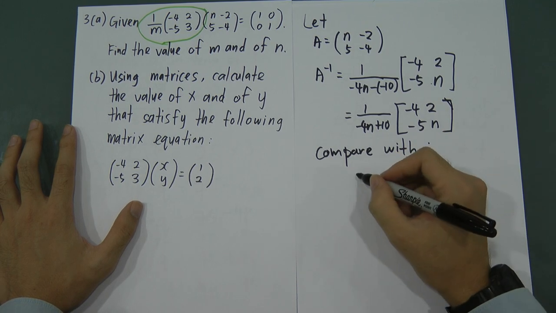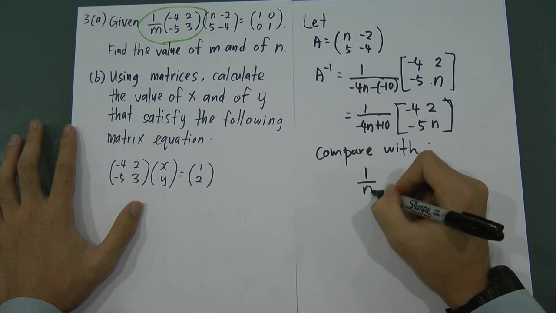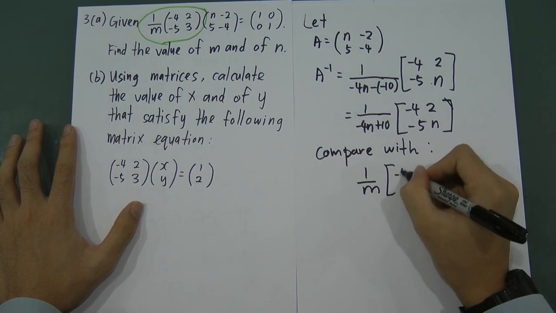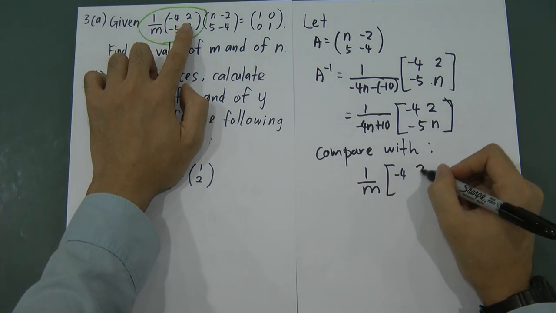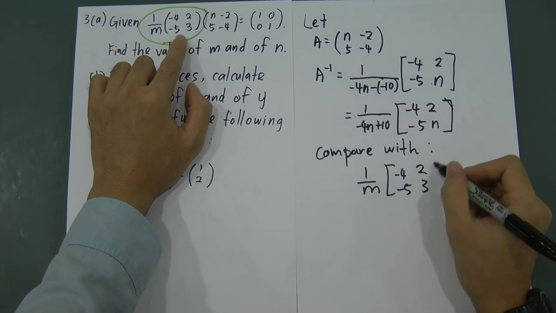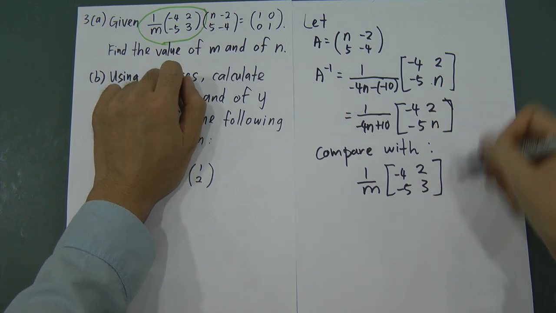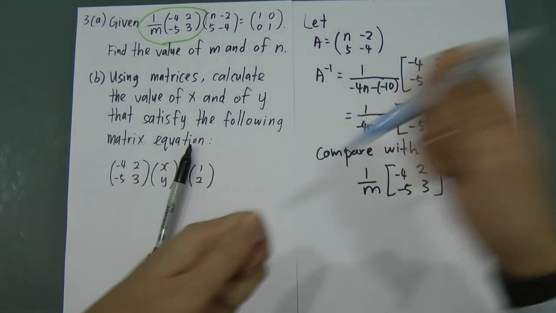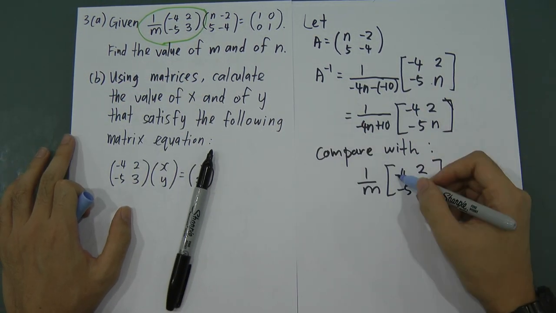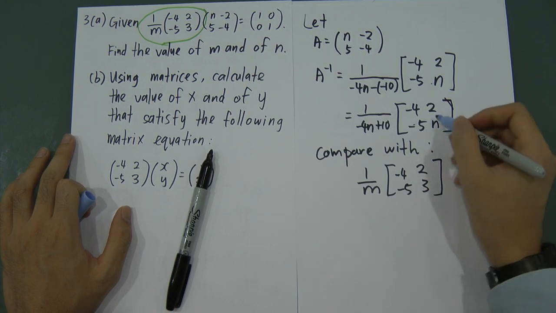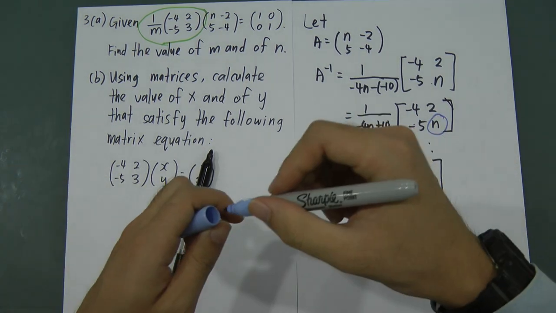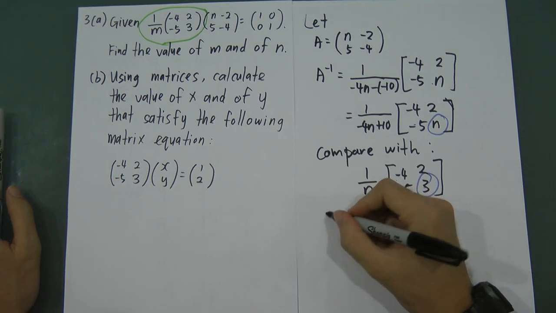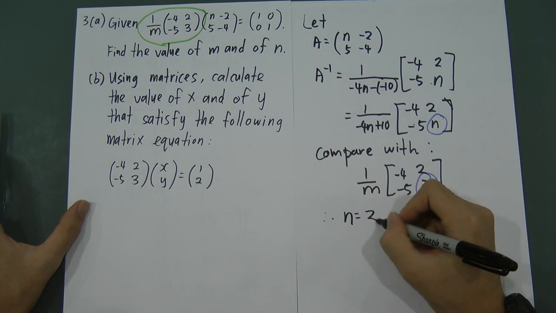with this matrix. 1 over m, negative 4, I compare with this matrix, 2, negative 5 and 3. So therefore, straight away we can know negative 4, 2, 2, negative 5, I know n is equal to 3. Therefore, n is equal to 3.